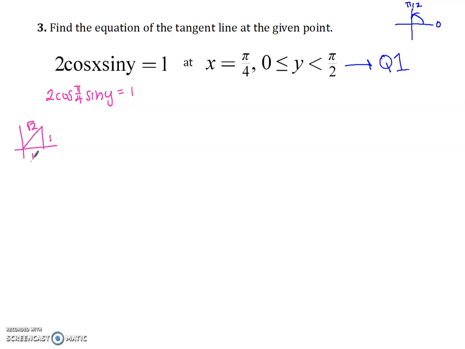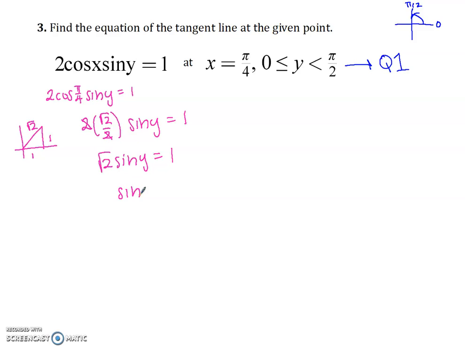So cosine is going to be adjacent over hypotenuse, so 1 over root 2. And then since I can't cancel those, I'm going to go ahead and rationalize the 1 over root 2. So that'll be root 2 over 2, and then I'll be able to cancel those 2's. So then these will reduce. That'll give me root 2 times sine of y equals 1.